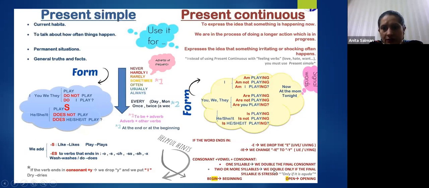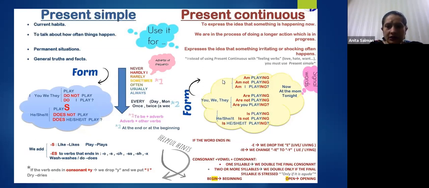Two or more syllables, we double only if the final syllable is stressed, like begin, beginning. G is consonant, I is vowel, and N is consonant, and what you will do, you will double the last letter, like opening. That's clear?